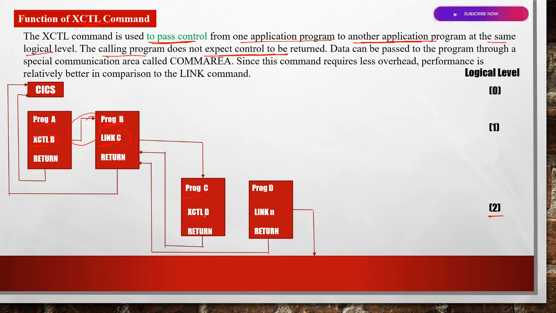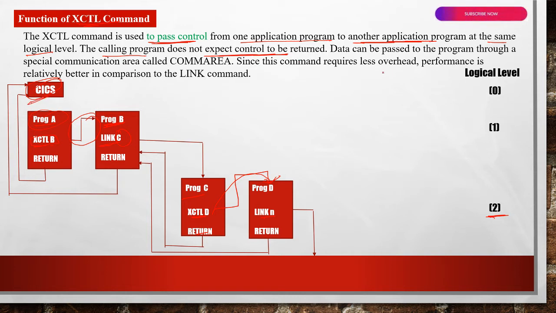And XCTL D and return means it will call program D. Program D is at the same logical level, means at logical level 2, and it will continue, otherwise it will return the control back to LINK C or program B, and then program B will return control back to CICS, and the same program A will return the control back to CICS.